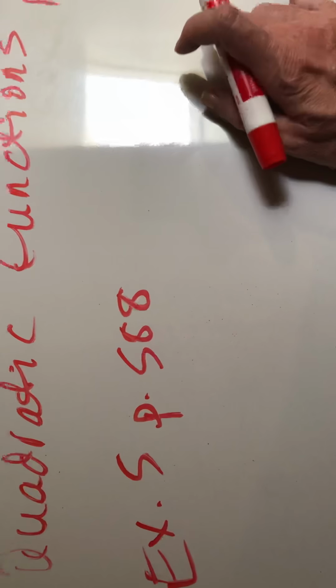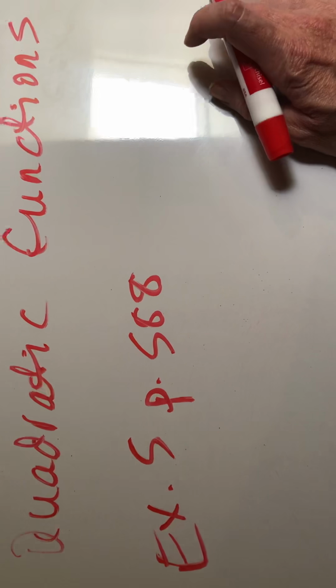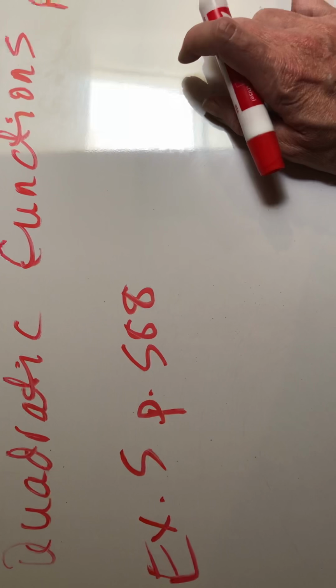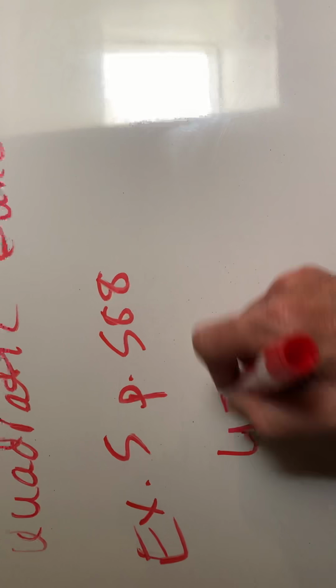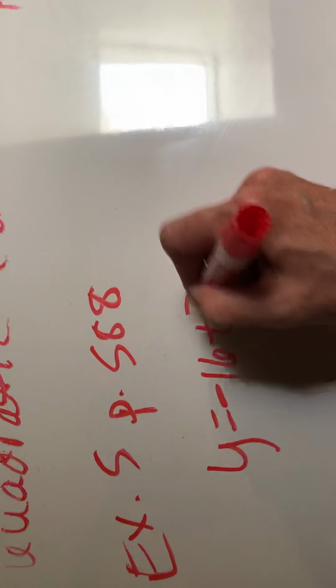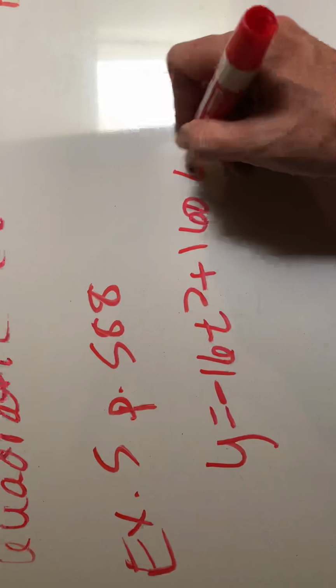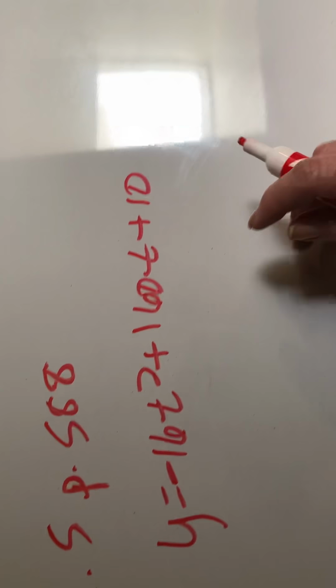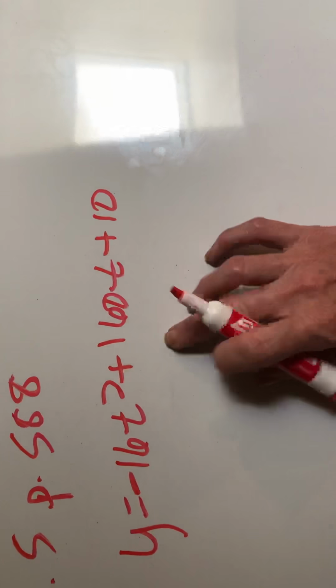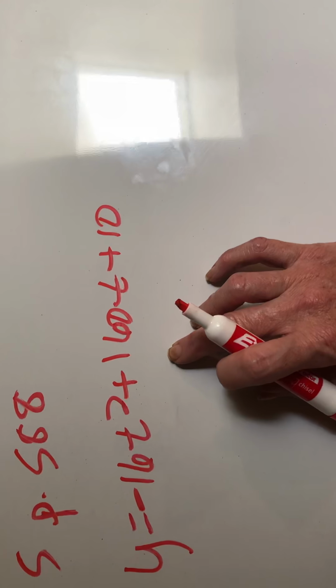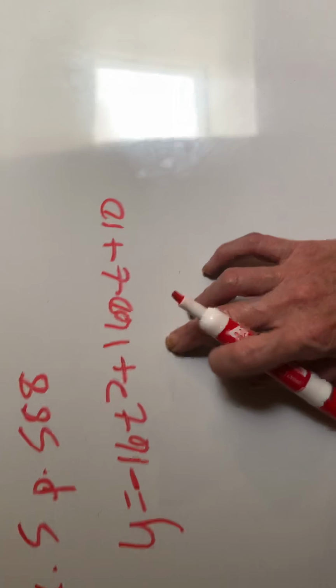It's hit from an elevated platform 10 feet above the ground. It starts with a vertical speed of 160 feet per second. Ignoring friction, the equation y equals -16t squared plus 160t plus 10 gives the height y as a function of time, and we want to find the highest point it reaches and how long it takes to reach it.